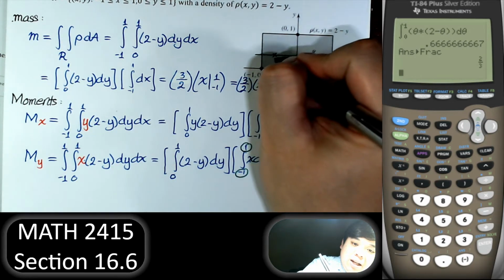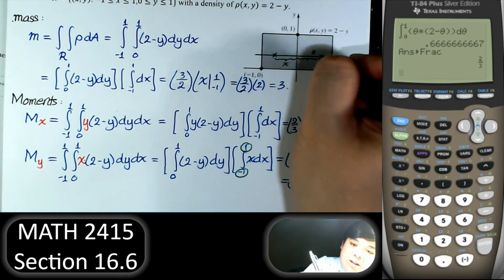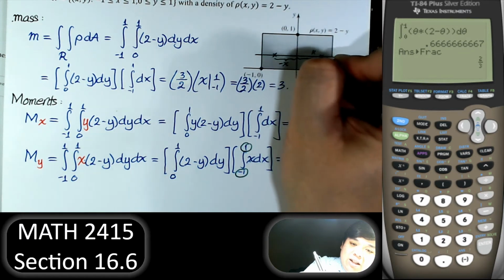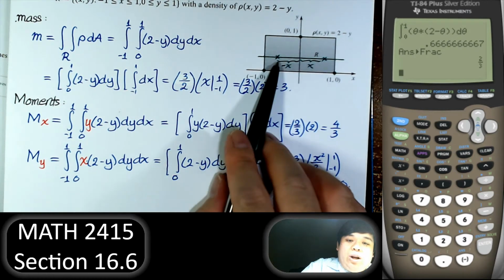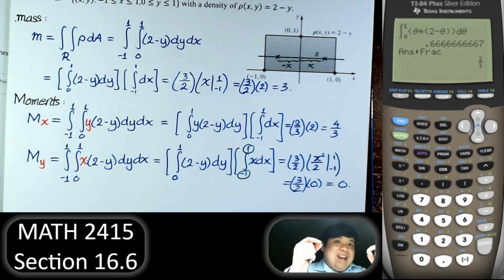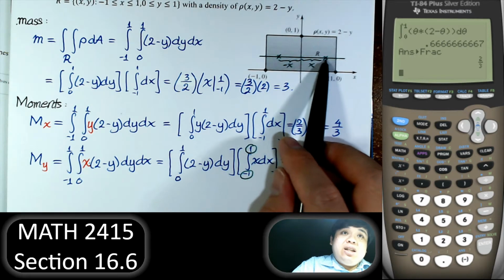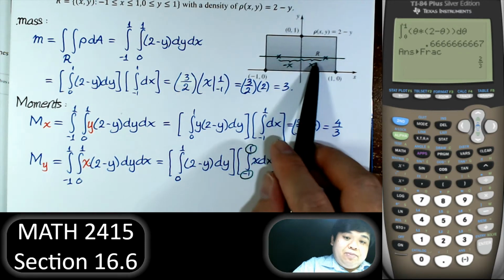But it is equally distant. This is negative x, and this is x. So there's a point here and a point there. They will balance each other out, or cancel each other out, right? So the moment is equal to mass times distance. The mass is the same because the densities are the same.